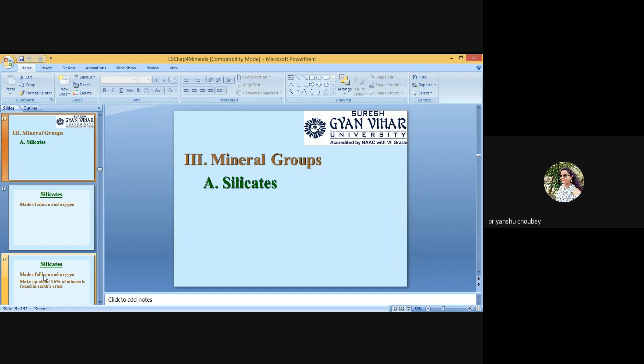Muscovite is a primary mineral occurring in different rocks. One of its weathering products is illite, which occurs extensively in soil.